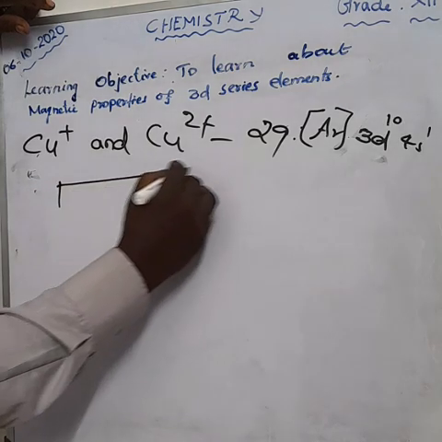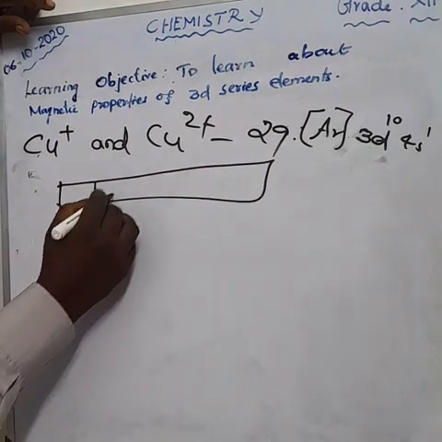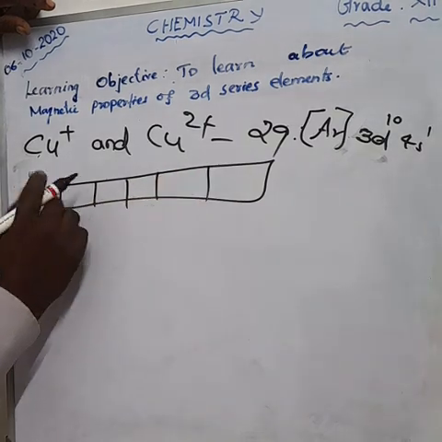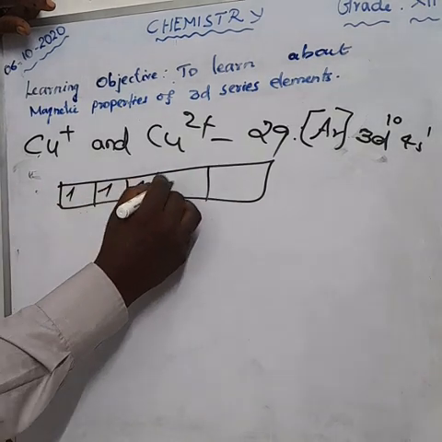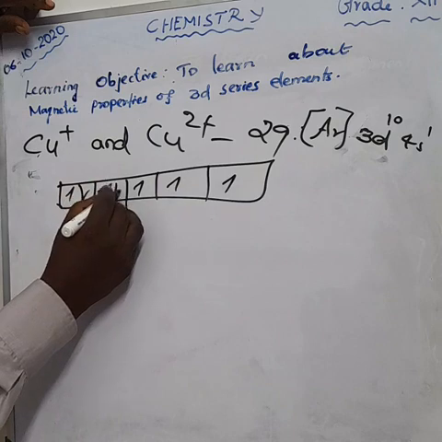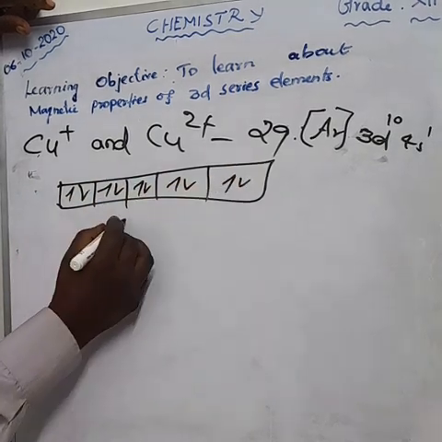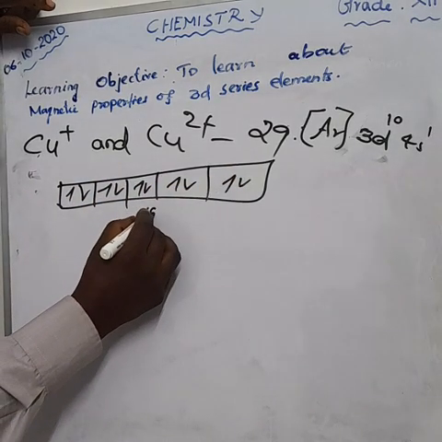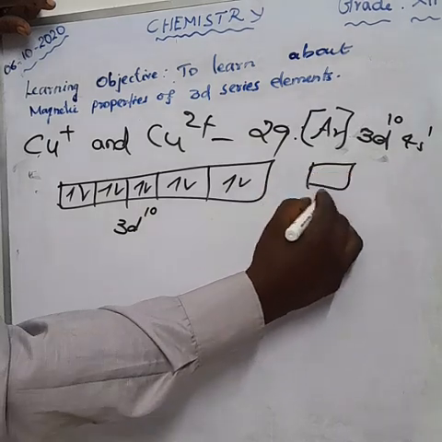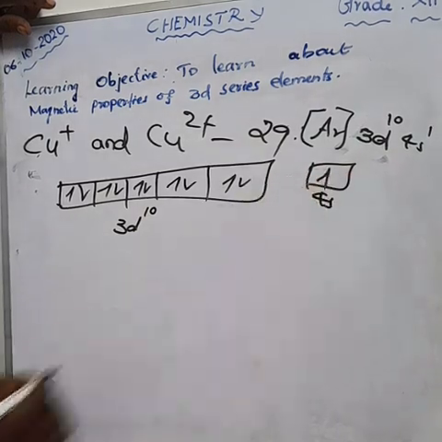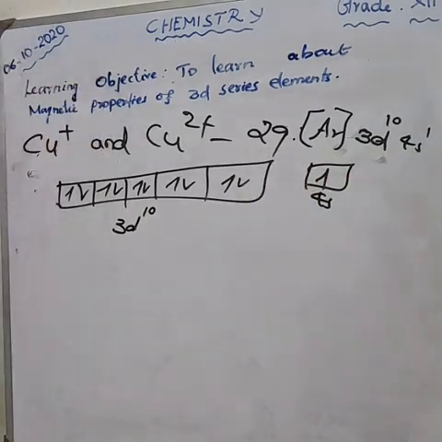The d subshell is completely filled: 1, 2, 3, 4, 5, 6, 7, 8, 9, 10. That is 3d10, 4s1, one electron. That is, the d subshell is completely filled and the s subshell is half filled. This is about the stability of copper.